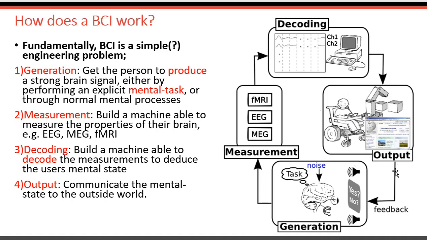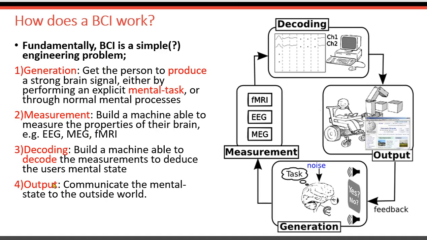And then the person needs to see the result of his or her intent, either in a visual form or in an auditory form. Basically, these are the four different components of the BCI. As you can see, it looks not that complicated. We can also call this a BMI system.